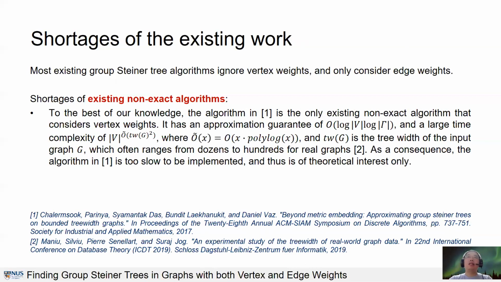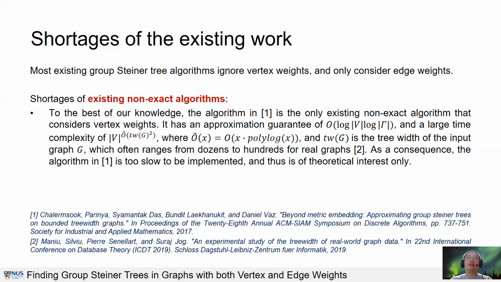With respect to the existing non-exact algorithms, to the best of our knowledge, the algorithm in a 2017 SODA paper is the only existing non-exact algorithm that considers vertex weights. It has an approximation guarantee of O(log V log Γ), and a time complexity that is larger than V powered by the square of the tree width of the input graph G, and the tree width often ranges from dozens to hundreds for real graphs.